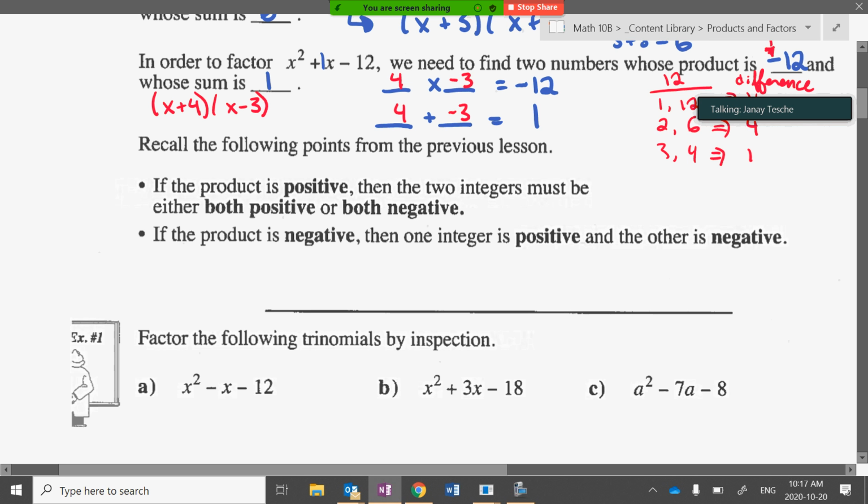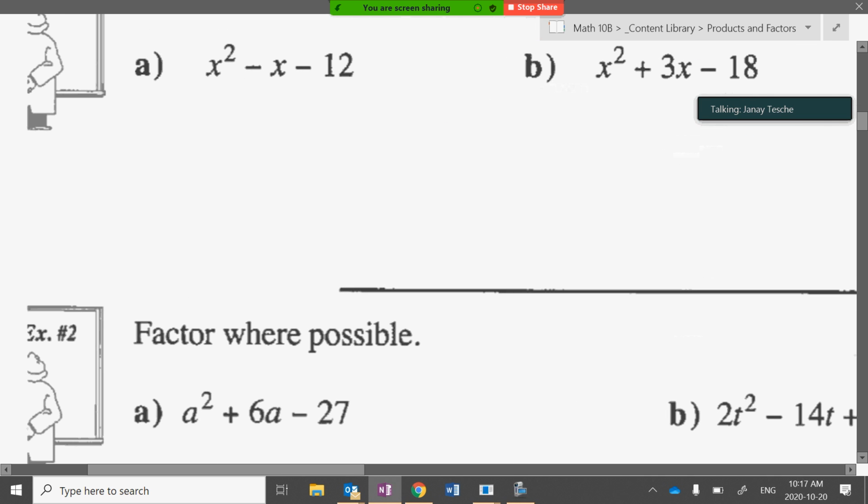Okay, so this first example here, we have x squared minus x plus 12. So that's exactly what Hafsa was getting at. So in this one, very similar to the question we just did, but now it's a minus x. So I need, you don't have to show this step, but it's a good prompt for those of you that struggle with your number sense. I need two numbers that multiply to negative 12, but add to negative 1.